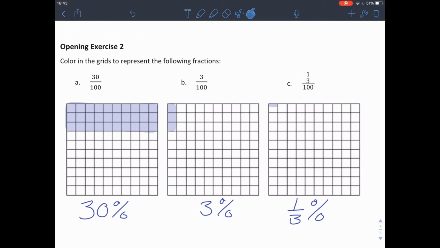And then for 1/3 out of 100, we only color in 1/3 of one box, and that is 1/3 of 1%. So each of these are different percents that are decreasing by a power of 10 each time. So they're decreasing by one place value each time.